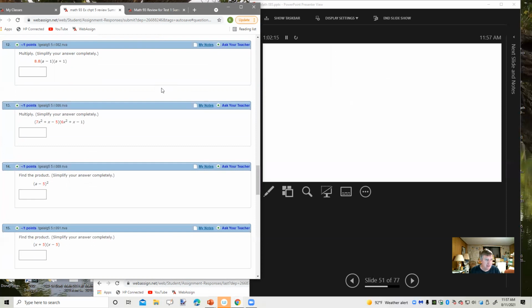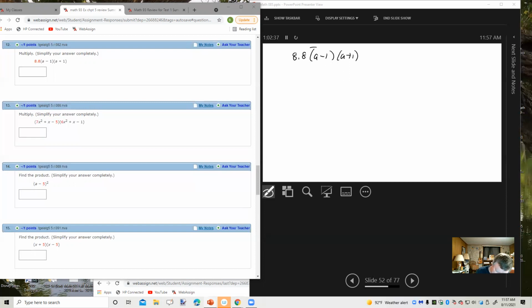Multiply, simplify your answer. Okay, so we've got 8.8 times a minus 1 times a plus 1. All right, we've got a couple of options. We can take the two binomials and multiply them together first and then distribute the 8.8, or we can distribute the 8.8 to the first factor a minus 1.